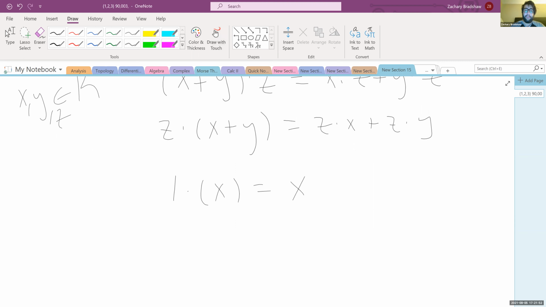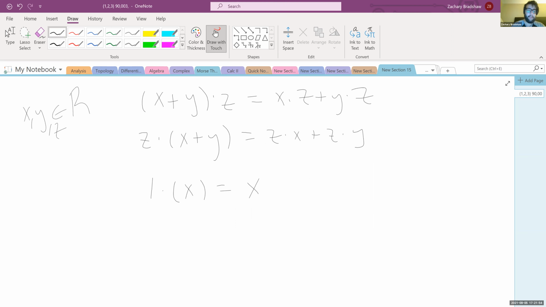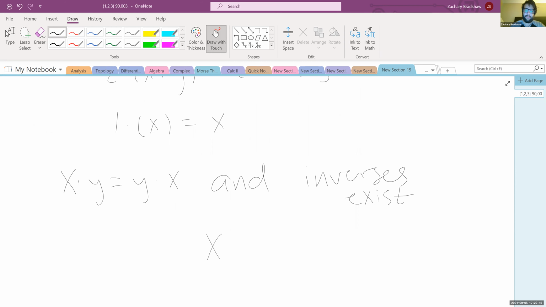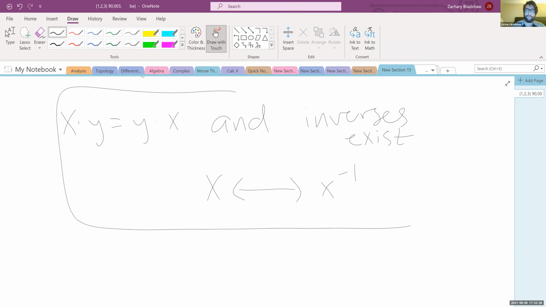But if this multiplication is commutative, which means x times y equals y times x, and inverses exist, so that means for every x, there's a corresponding inverse, right? Which maybe we might write as 1 over x. Then if these two things are true, then what you have is a field.